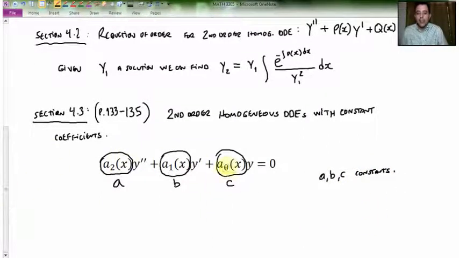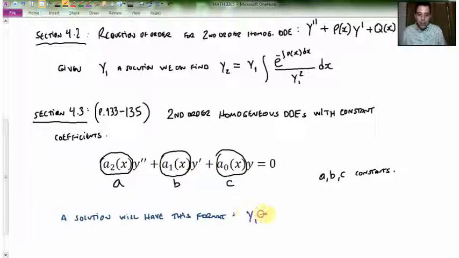When these are constants, it's very easy to solve, and the idea is to realize that one solution will have this format.